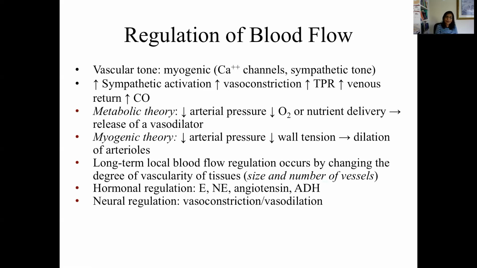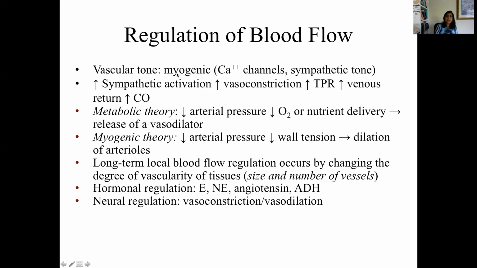Metabolic theory: we already talked about how increased metabolism can lead to increased use of oxygen, therefore there is less oxygen or fewer nutrients available, and that's when there is a release of vasodilators. Vasodilation improves circulation.